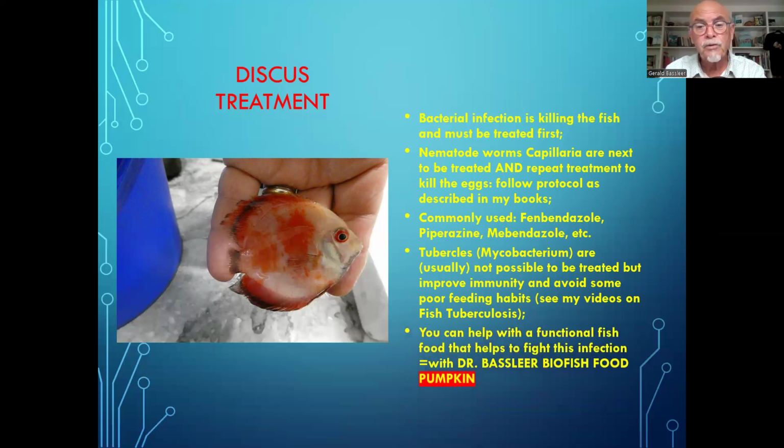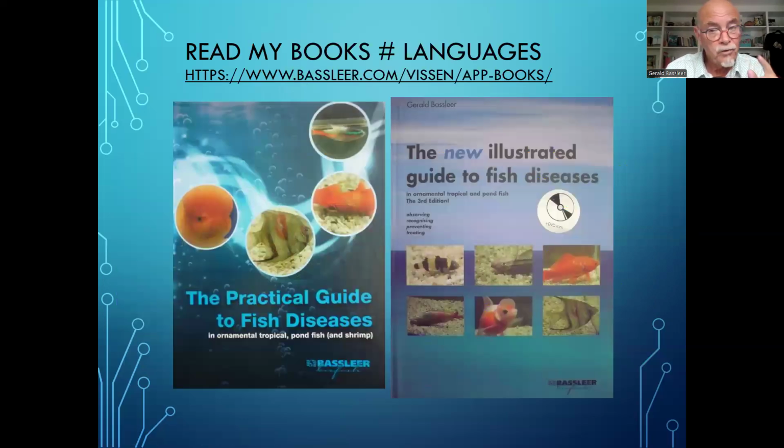A functional fish food can help this discus fish to become stronger, to fight off the infection, and in this case I would recommend pumpkin. You can also try garlic, but pumpkin would be a good choice of a food that helps with nutraceuticals, the fish.